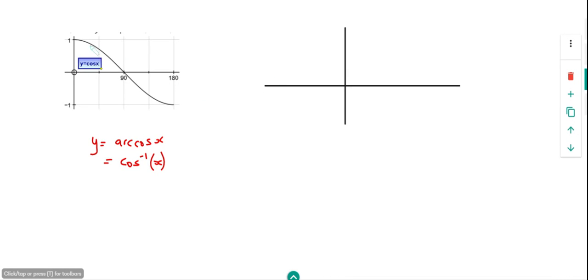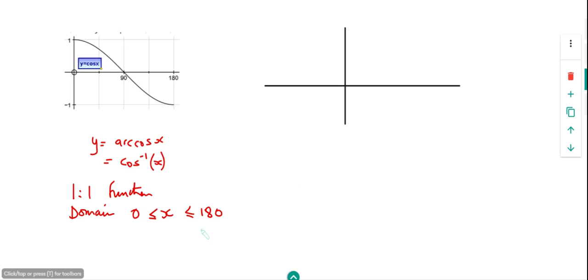And so again, we've had to create a one-to-one function by restricting the domain. So the domain here is that x is between 0 and 180, so that we've got a one-to-one function.